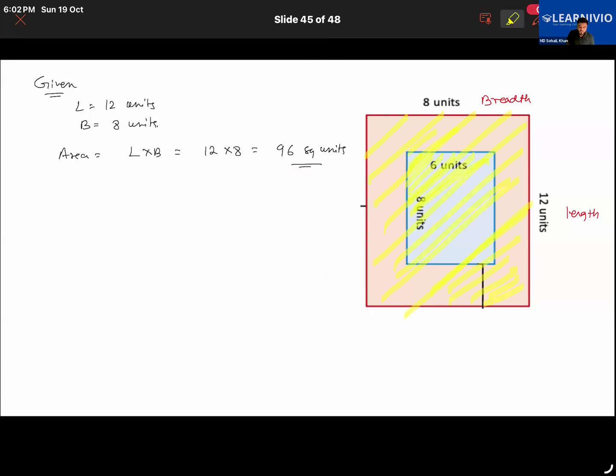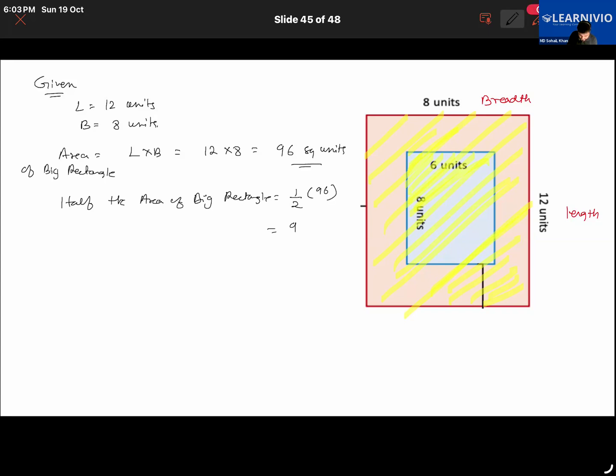Very good. Next question was asking to draw a rectangle inside it, but that rectangle should be just half the area. Okay, so let's find half. Let's call this area of big rectangle. Half the area of big rectangle. That means it's going to be half of 96, right?